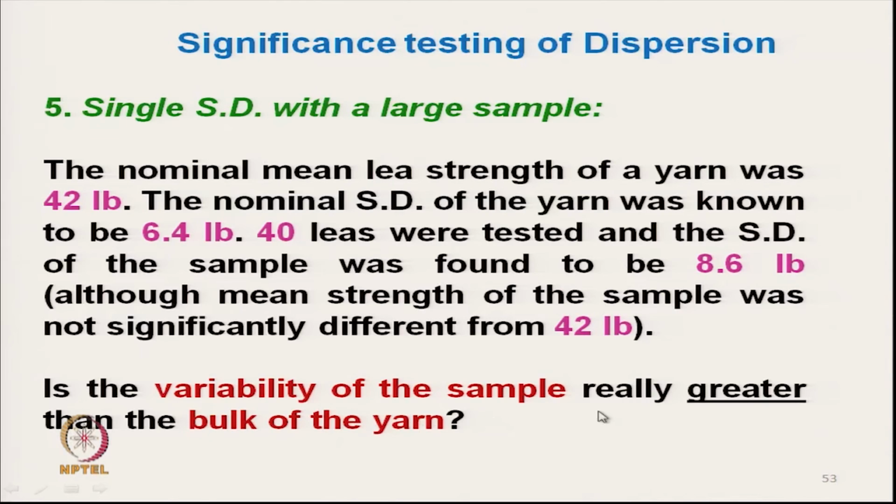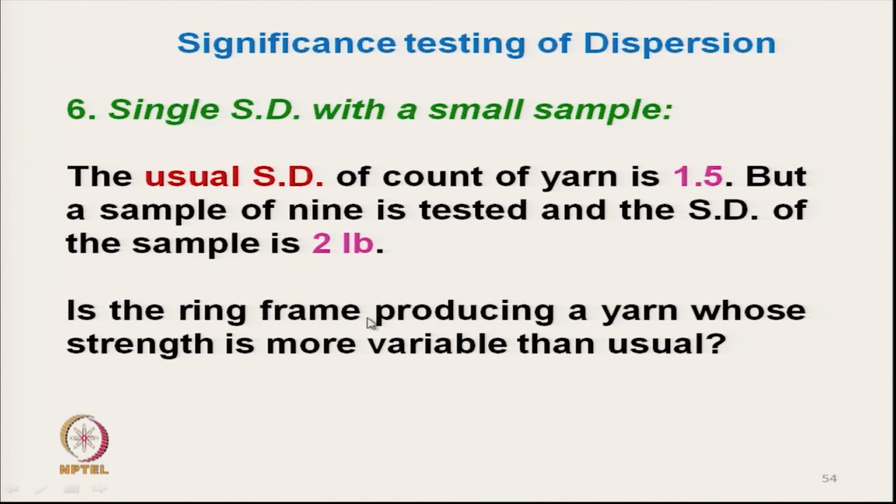Is the variability of the sample really greater than the bulk, the same similar yarn? And the sixth one is the usual standard deviation: the nominal standard deviation of count of yarn is 1.5, but a sample of n equal to 9 is tested and the standard deviation is found to be 2. Is the ring frame producing yarn that is more variable or not?